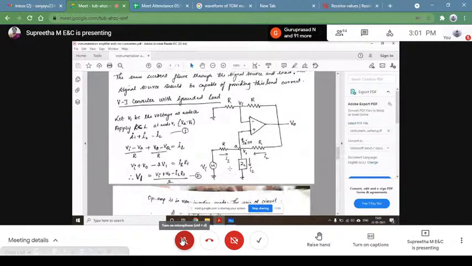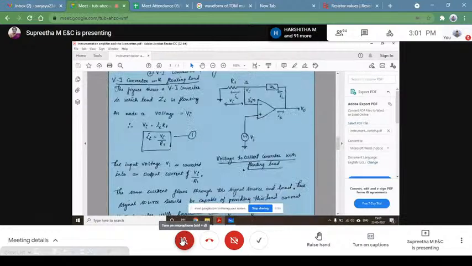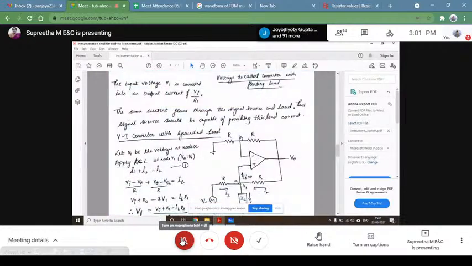You can see the circuit here, your V2I converter with a grounded load. Sorry, I have not written the name of the figure.